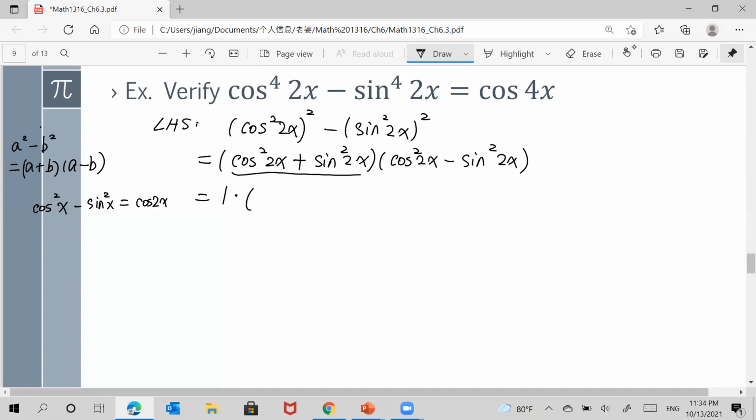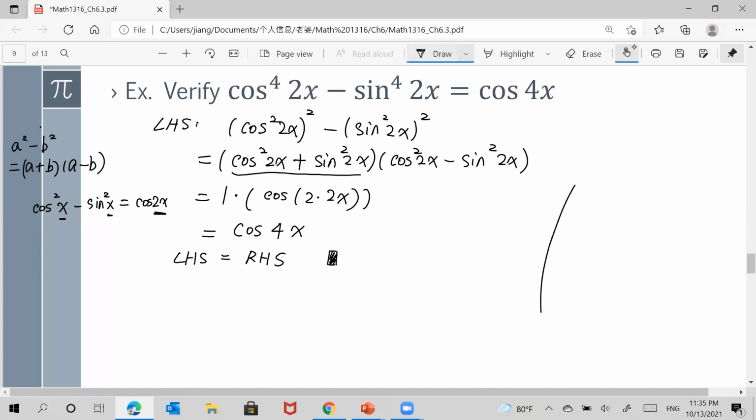And this one is 2x. That means times cosine 2 times 2x. Because here is single x, and here must be 2 times x. So here is 2x. I need to use 2 times 2x. So this is 1 times cosine 4x. It's cosine 4x. That means left-hand side equals right-hand side. So we proved it.